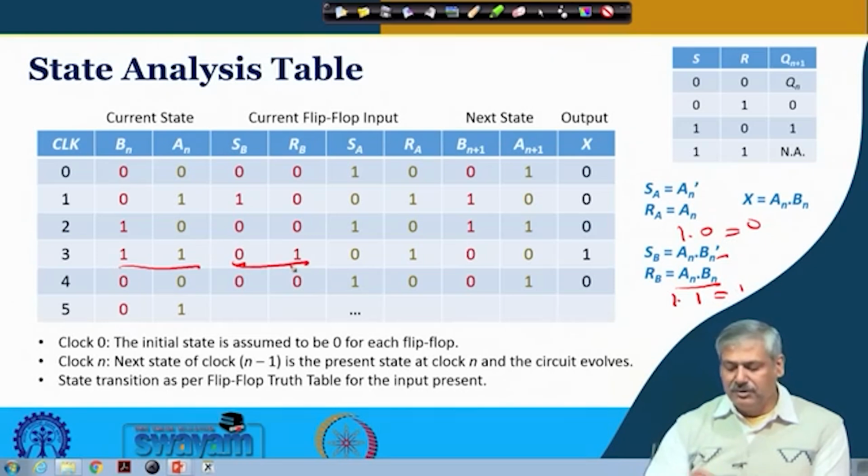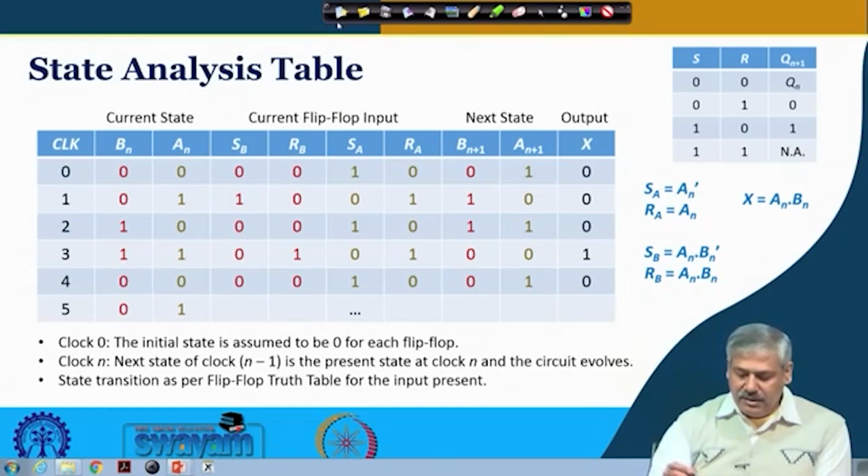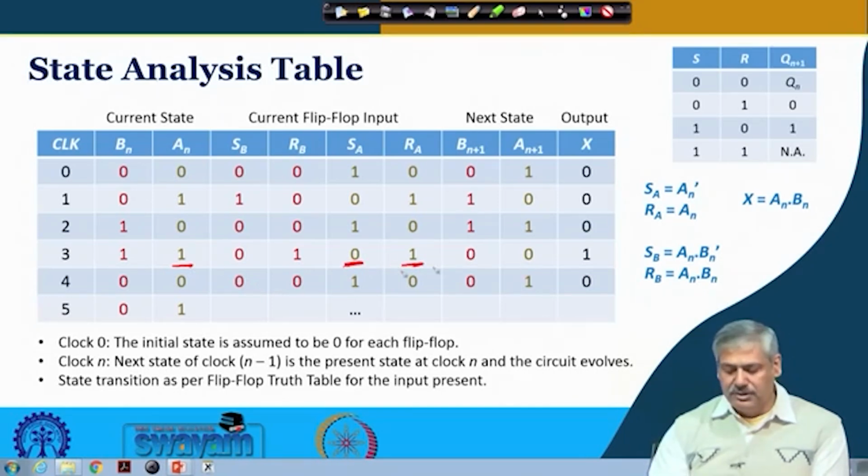So, this is 0 1, and that makes Bn plus 1 equal to 0, in SB RB. And SA RA is just the inverse of it. So, SA is 0 and RA is 1, which makes An plus 1 equal to 0. So, the next state becomes 0 0.